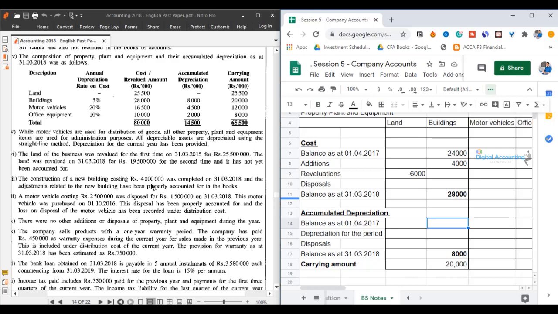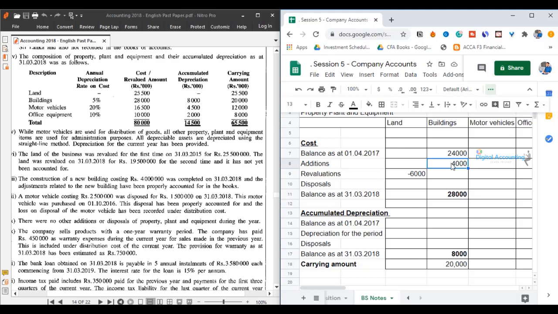The construction of a new building costing rupees 4 million was completed on 31st March 2018. So no depreciation for the current year for the 4 million addition, because we cannot provide depreciation since we just finished the construction. Until we use the construction, we can't provide depreciation as per the standard. So there is no depreciation for these additions of 4 million.